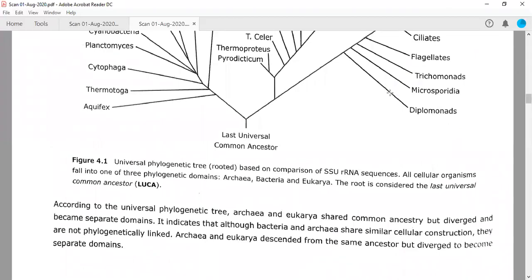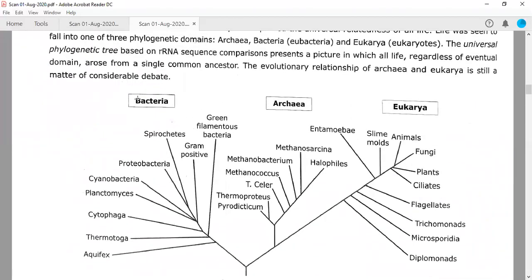See again, if this is not clear: bacteria and archaea are two different domains of life, but they come under the same class called prokaryotes, whereas we have eukaryotes, which are completely different because they have a membrane-bound nucleus and organelles.